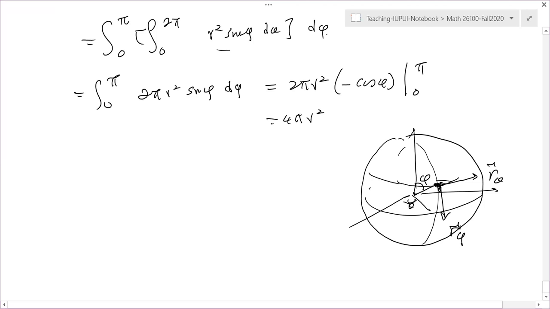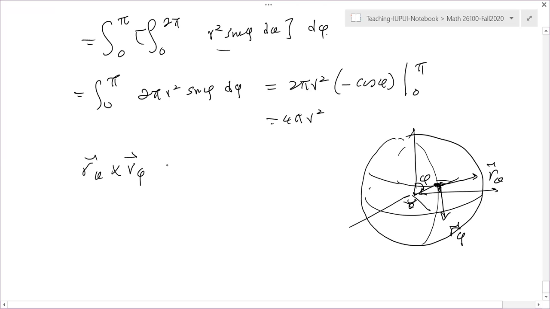Okay, now theta. Let's see which one. So r theta cross r phi is going to be, you know, so it actually points to the inside.